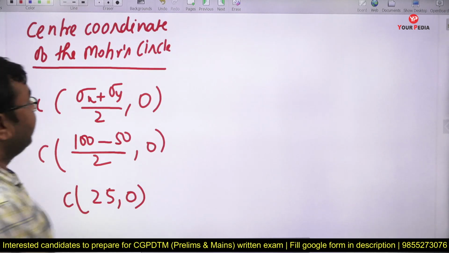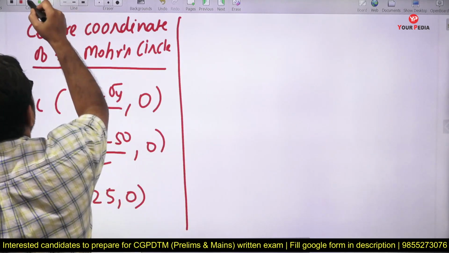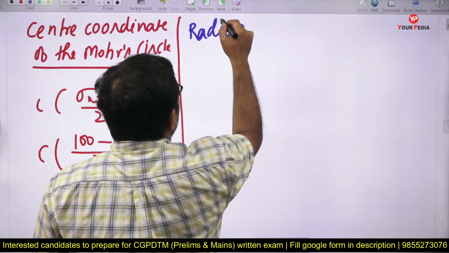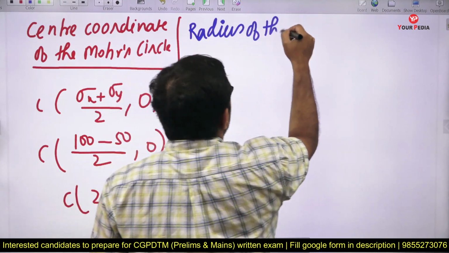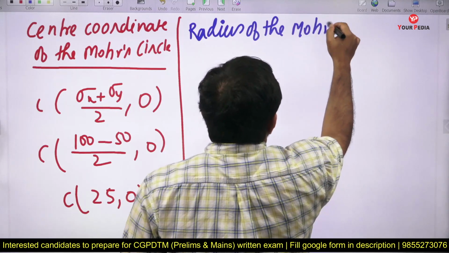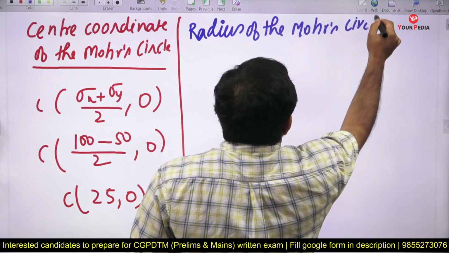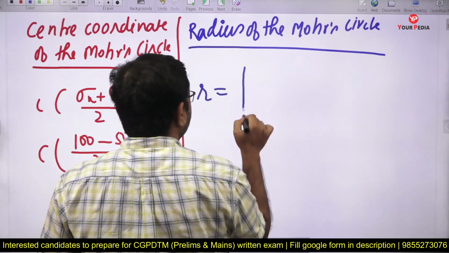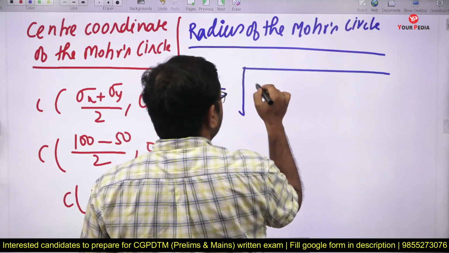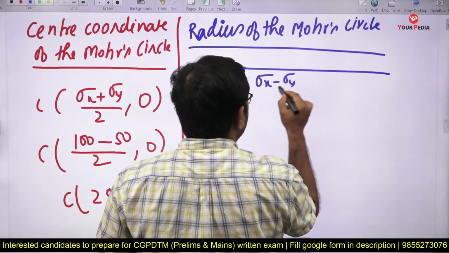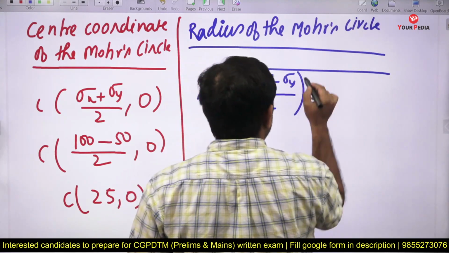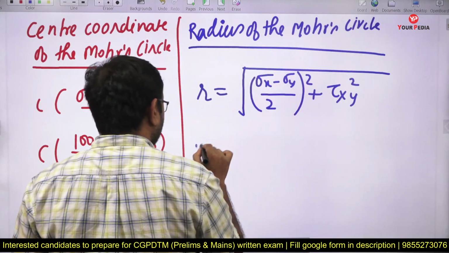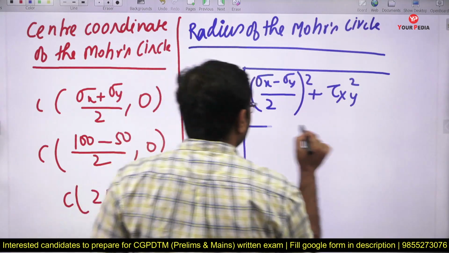This is the center coordinate, and similarly you can also determine the radius of the Mohr circle. How to determine the radius of the Mohr circle? Obviously you know this relation. It can be written as the square root of ((sigma x minus sigma y) by 2) whole square plus tau xy square. How to put these values?